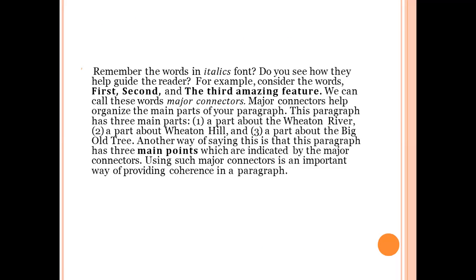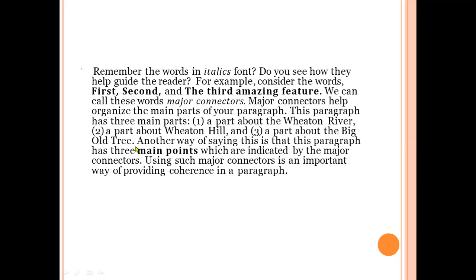Remember the words in italics? Do you see how they help guide the reader? For example, consider the words first, second, the third amazing feature. We can call these words major connectors. Major connectors help organize the main parts of our paragraph. This paragraph has three main parts: a part about the Wheaton River, a part about Wheaton Hill, and a part about the big oak tree.